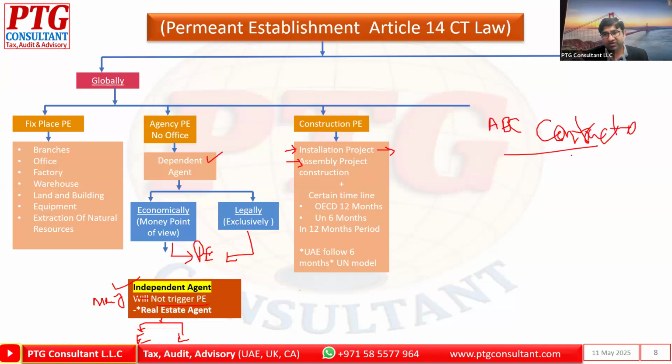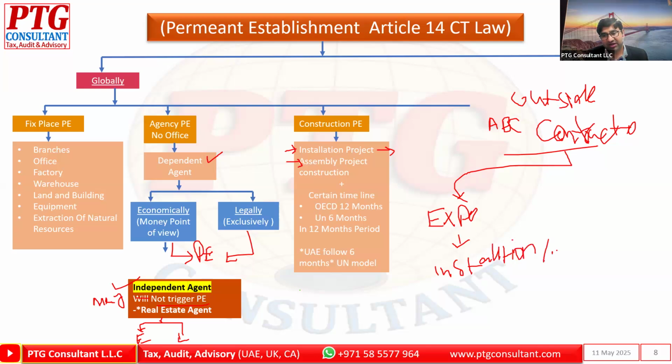ABC contractor is outside UAE, but he came for Expo because it's very specialized work. He came here in UAE and he did the installation, and he did the assembly, or any part of that.